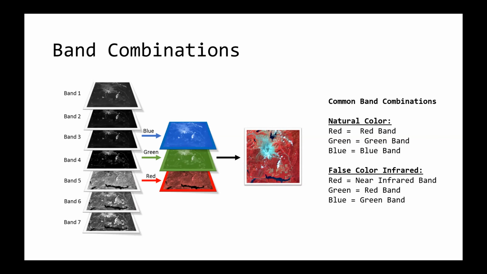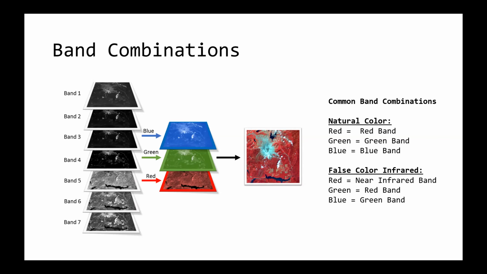So we can choose which band goes into each of those red, green, and blue, what's usually referred to as color guns. And these combinations of bands can output different band combos that display different information about the image being displayed.